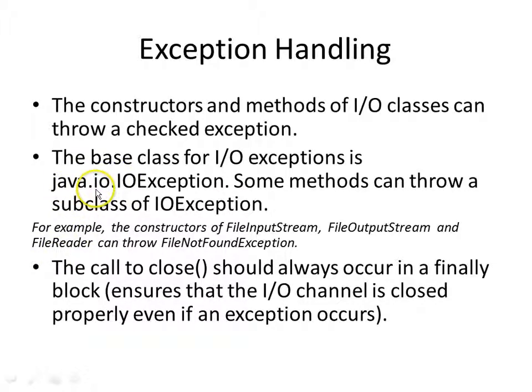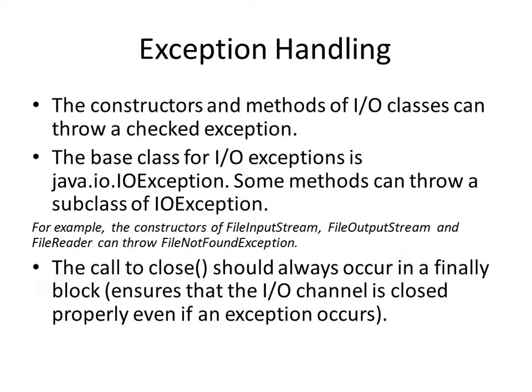It belongs to the java.io package, and the base class for all IO exceptions is IOException. There can be different kinds of exceptions of this type, like FileNotFoundException and so on. And then finally, whenever you close a stream, you should always do it in the finally block, because the close itself can throw an exception.